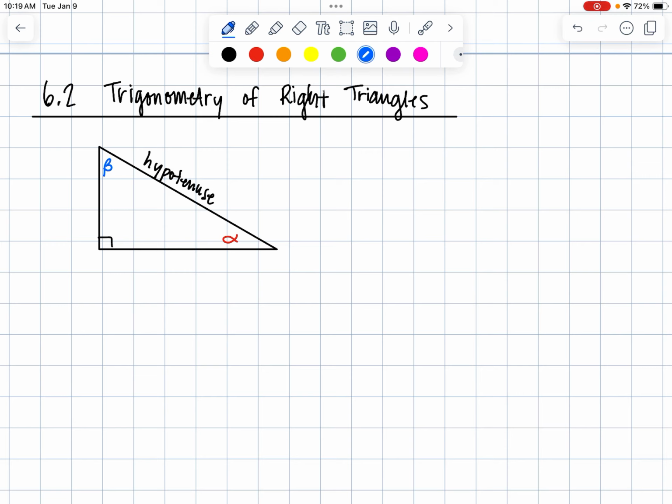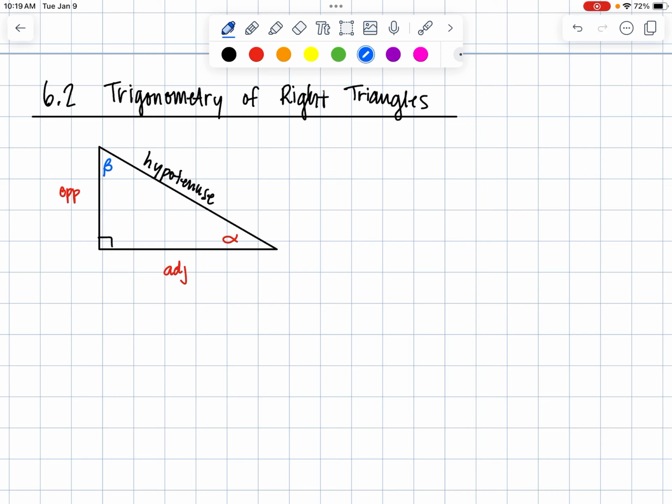Now, from the alpha perspective, this side that is directly opposite of alpha is the opposite side. And then the bottom side, the base, would be the adjacent side. Adjacent means next to.